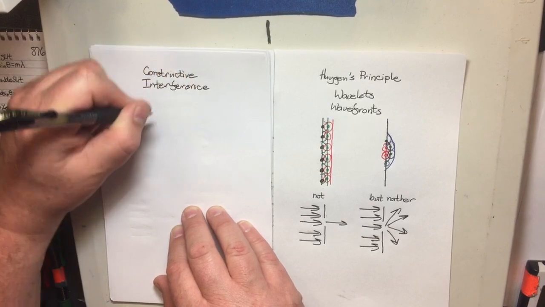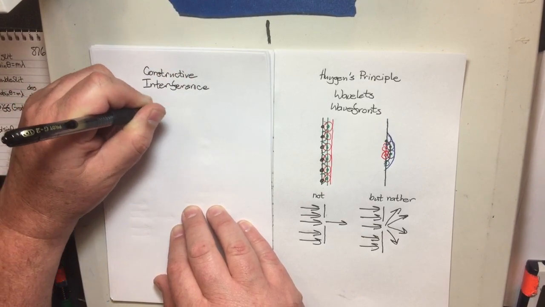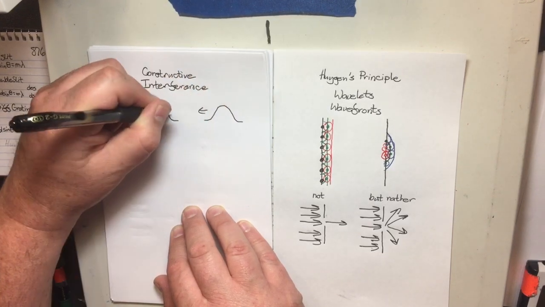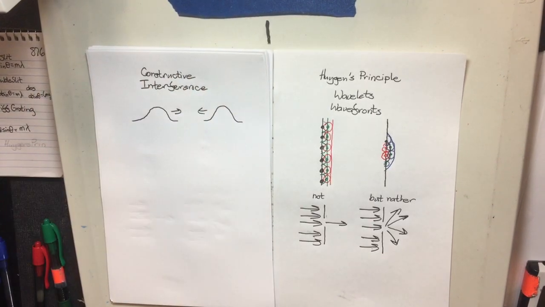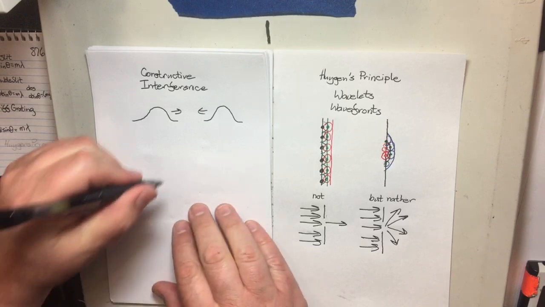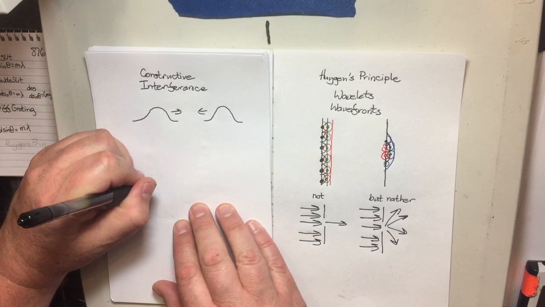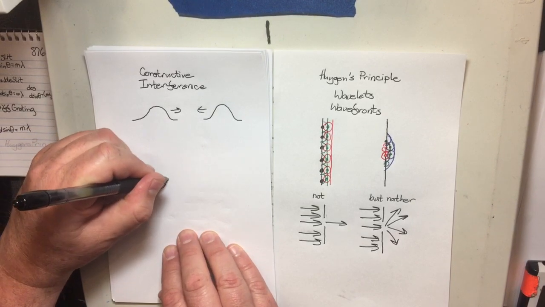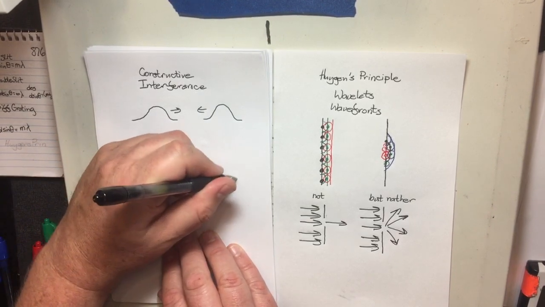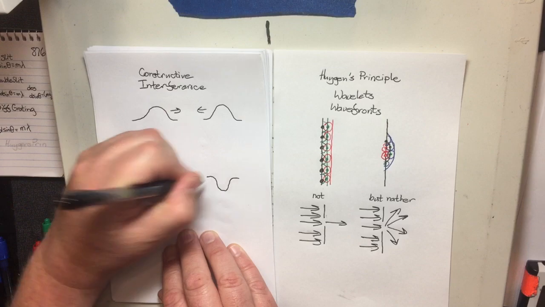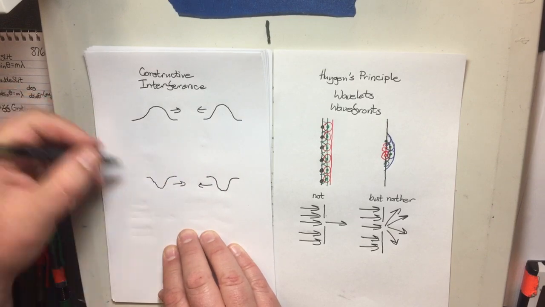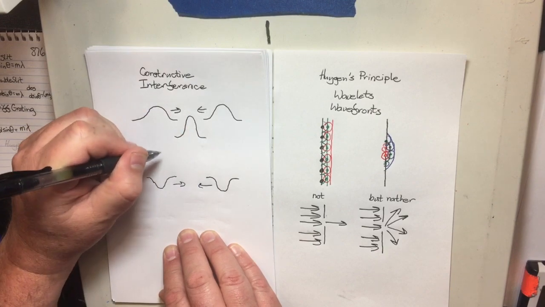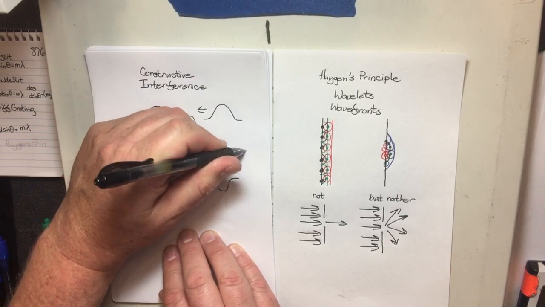If you have waves that are coming at each other, bump to bump or trough to trough, when they come together, they form a bigger wave and then continue on.